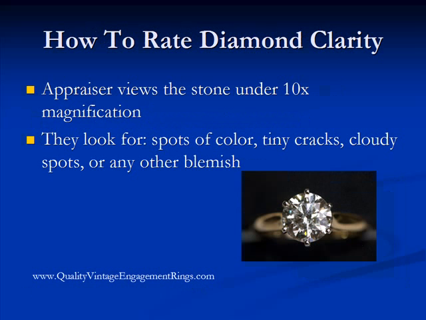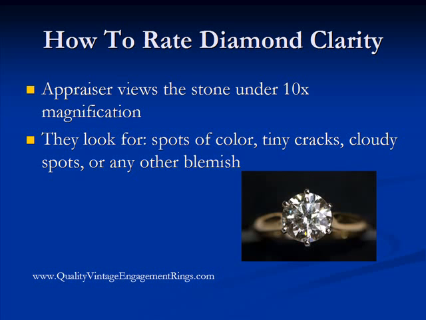When a diamond is rated for clarity, the appraiser views the stone under 10 times magnification. That's kind of the general rule of thumb. It's a standard across the board that 10 times magnification is the level that they look at it.